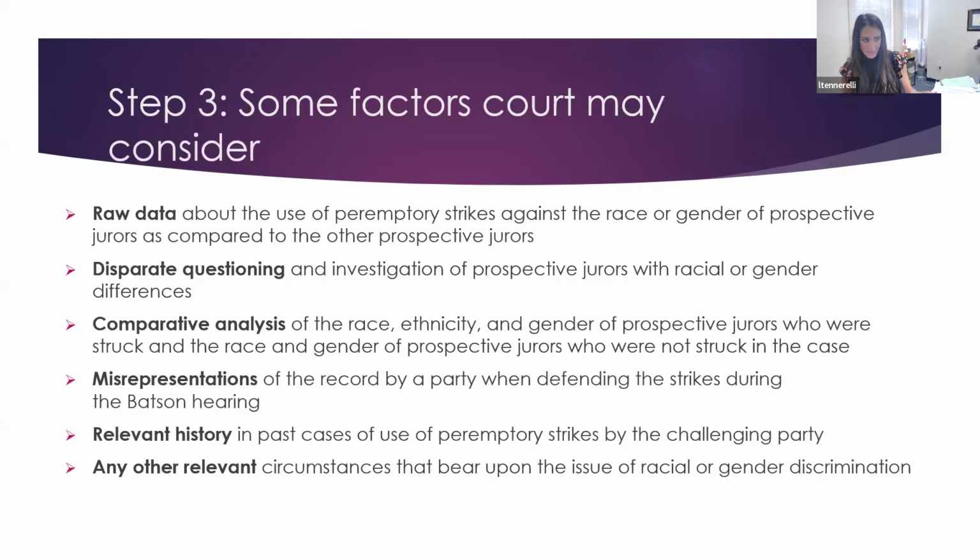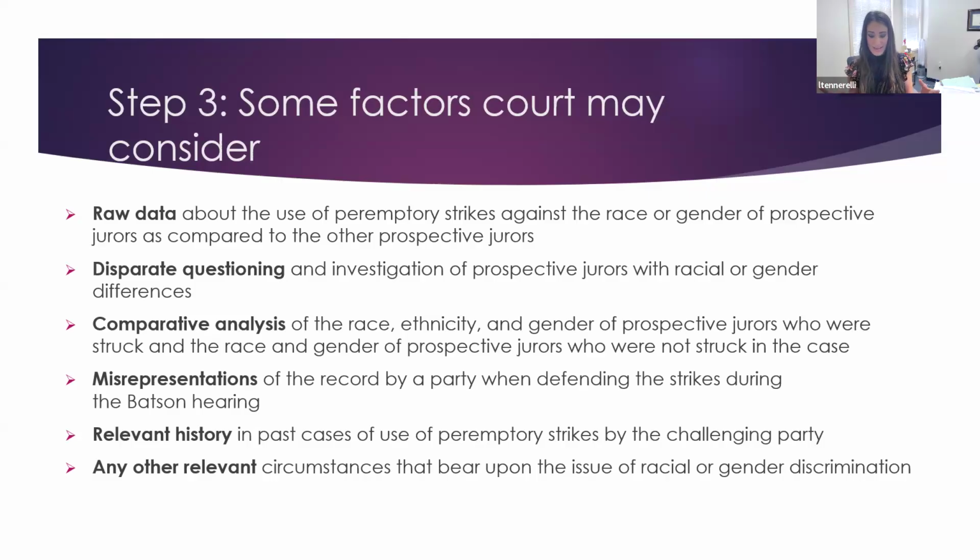And then step 3, the court will look at the particular prosecutor, if we're talking about Batson, or party in general's history of using peremptory strikes. They'll look at raw data, disparate questioning.